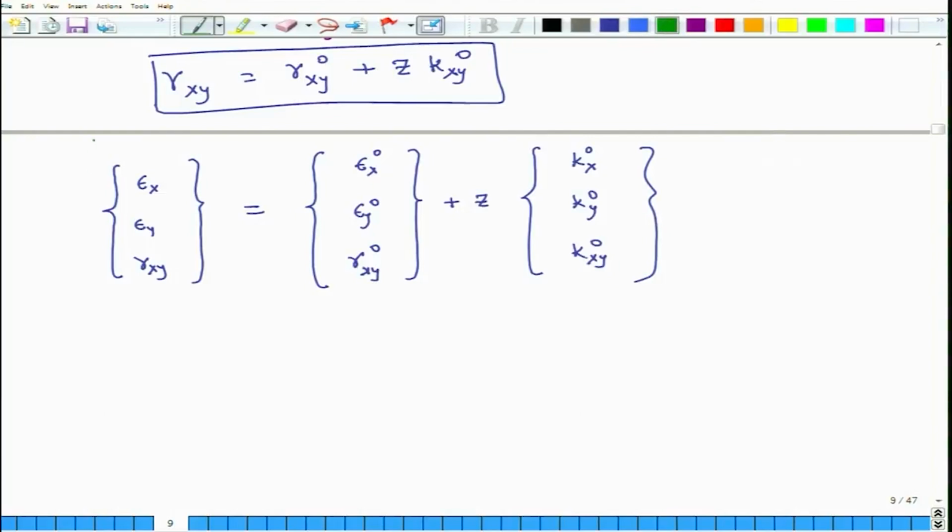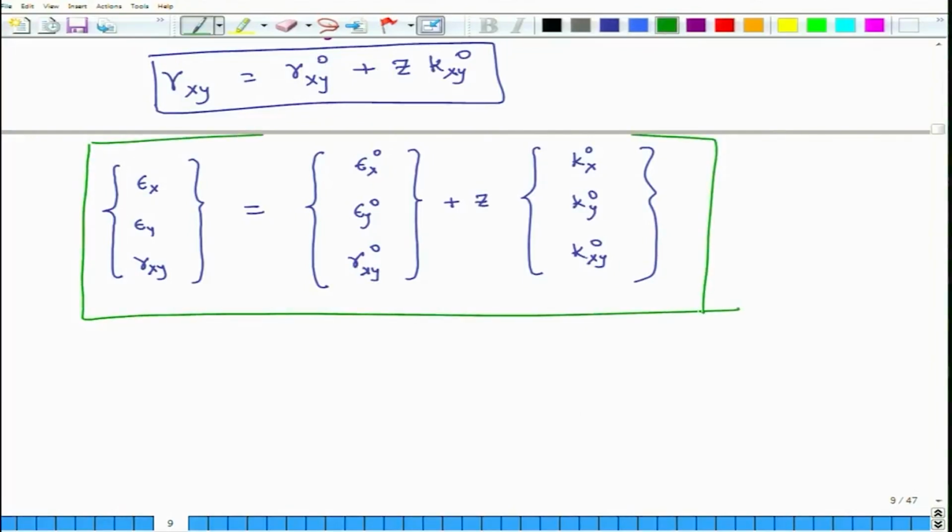So, this is the overall system of strain displacement relations.